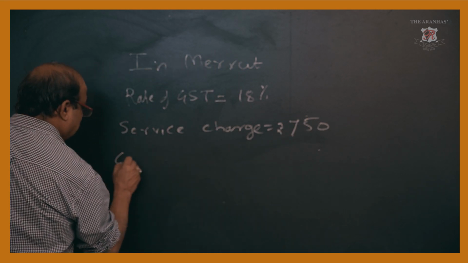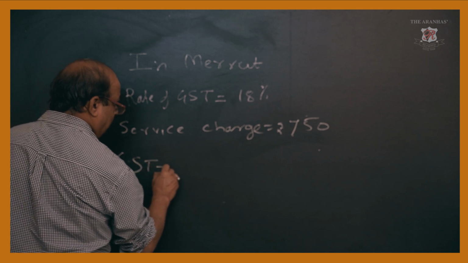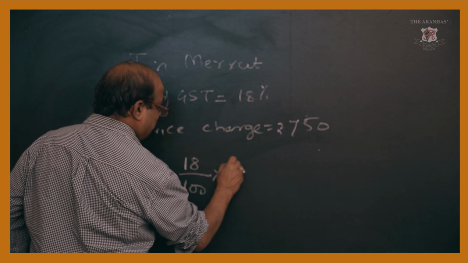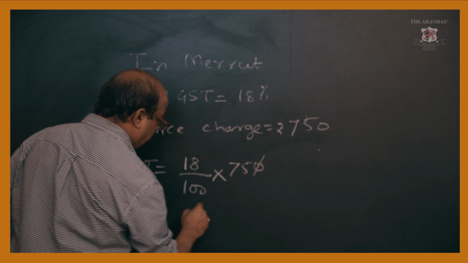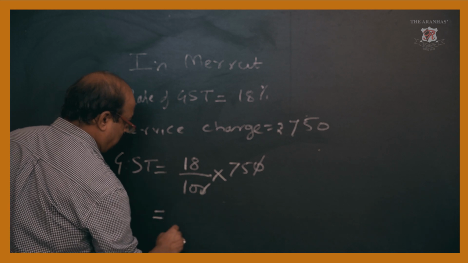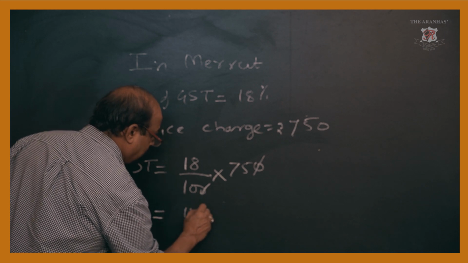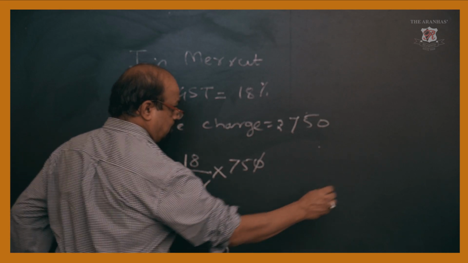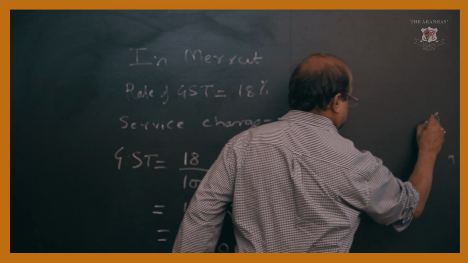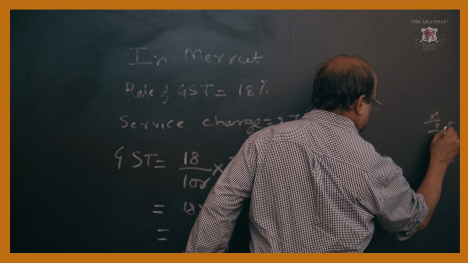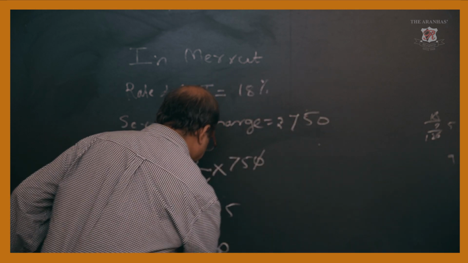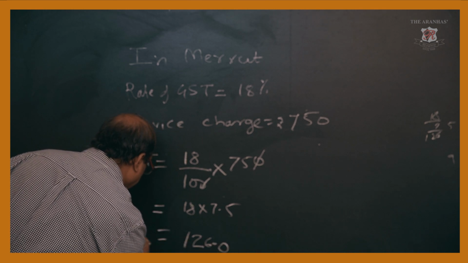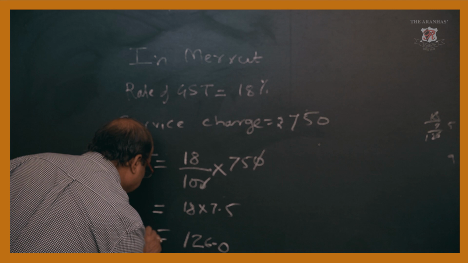So GST will be 18% of 750 rupees. I can cut off these two zeros and write 18 into 7.5. So GST paid will be 126 rupees.